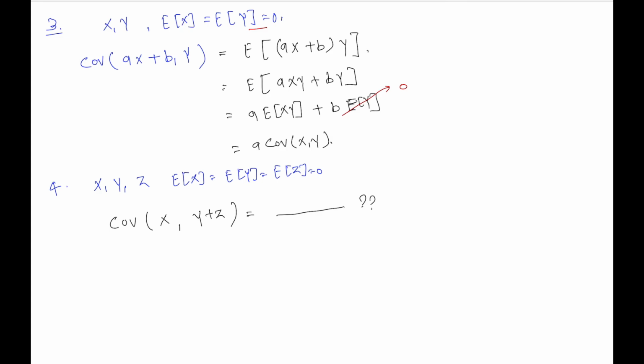Let me know in the comment section. Your answer should be in terms of the covariance of x, y or x, z, whatever. You can proceed as I have proceeded. Expectations are 0, right? So the covariance would be nothing but the expectation of their product, right? Do the algebraic manipulation, you will find something and you will get your answer. So let me know in the comment section what the answer to this question is, right?